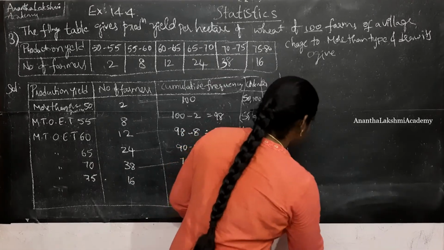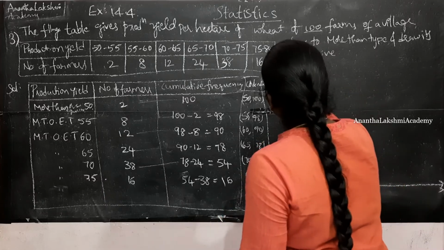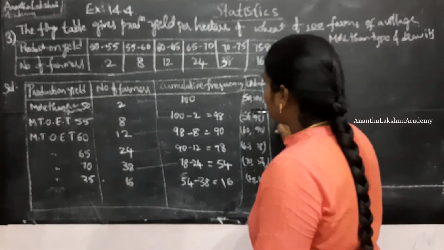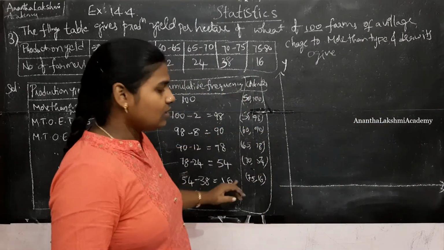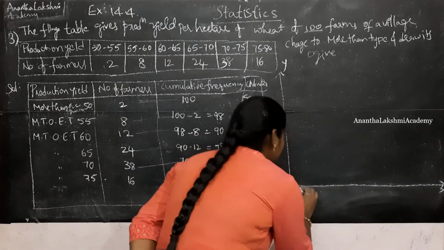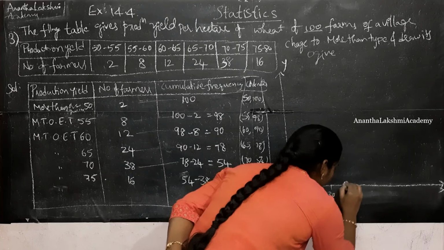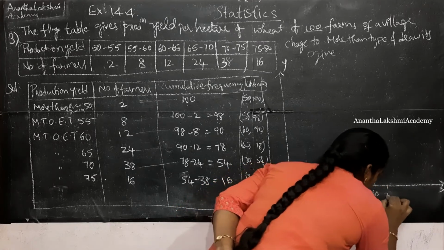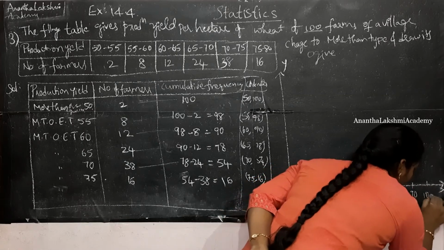The coordinates are going to be as above. So, I am drawing the more than ogive with lower boundaries on the x-axis and cumulative frequency on the y-axis. I am going to take a scale of 10 on both sides. So, this is going to be 10, 20, 30, 40, 50, 60, 70, 80, 90, and 100.